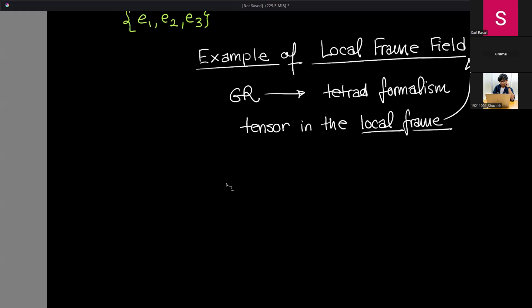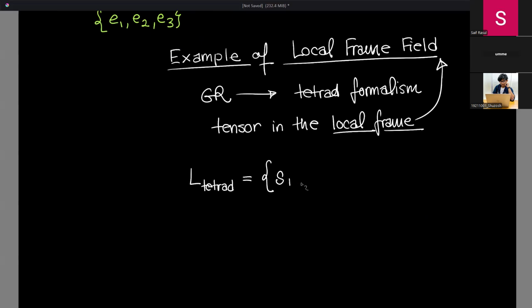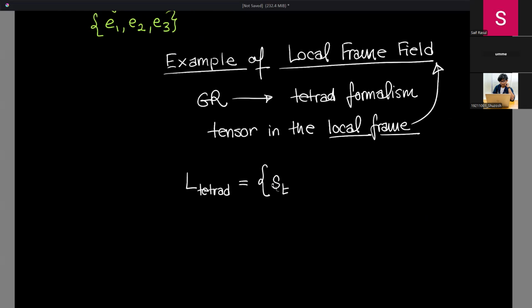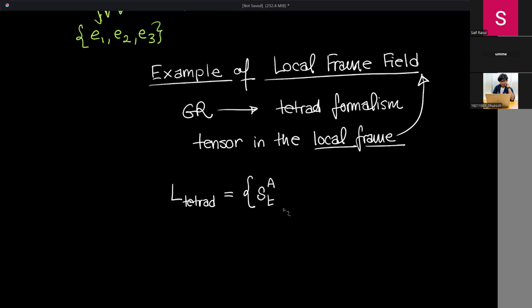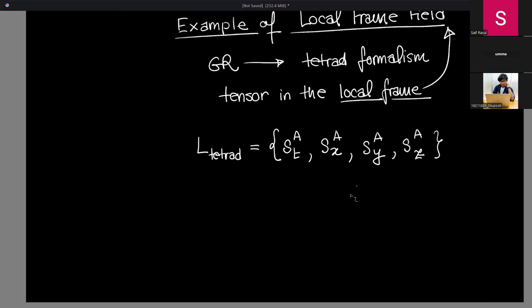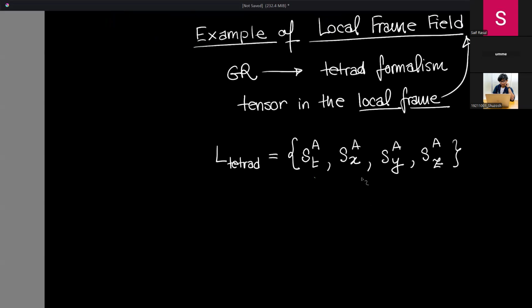So here, the local frame field L, we're going to call it L tetrad, is equal to this. I'm writing it a little bit differently from the notes just to illustrate my point. So these are all local sections. You've got s_t, s_x, s_y, s_z. These are all small s's. These are the basis vectors: time and the three spatial basis vectors. This is on something called a Lorentzian manifold.